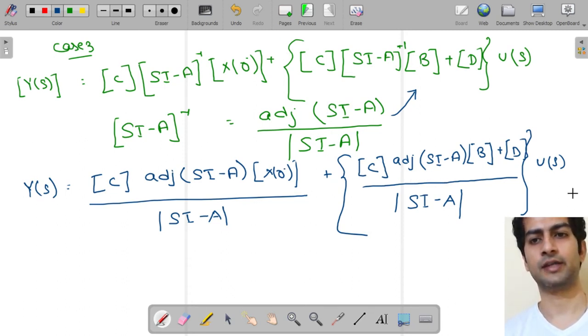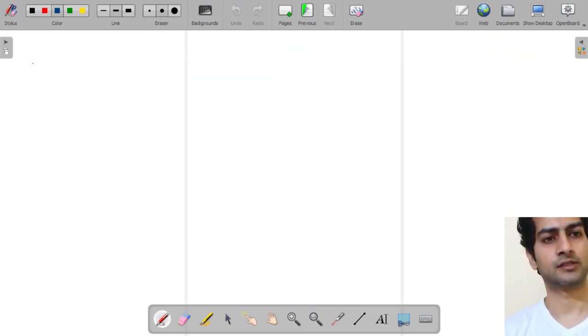So now if we take U(s) this side, what we will get? Y(s) by U(s), output by input.